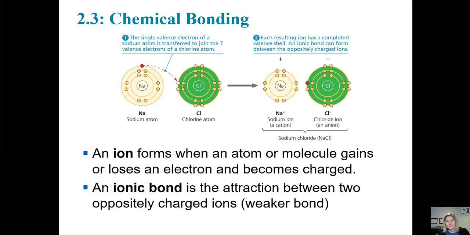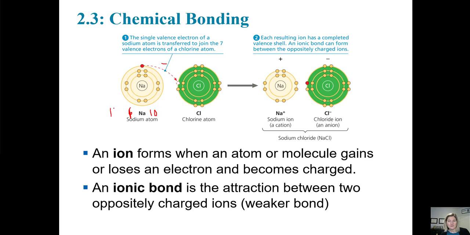If it gets rid of it, if it loses that electron, then how many total electrons does that sodium have? Well, it would only have 6, right? Or excuse me, it would have 10. 1, 2, 3, 4, 5, 6, 7, 8, 9, 10. And how many protons does it have?